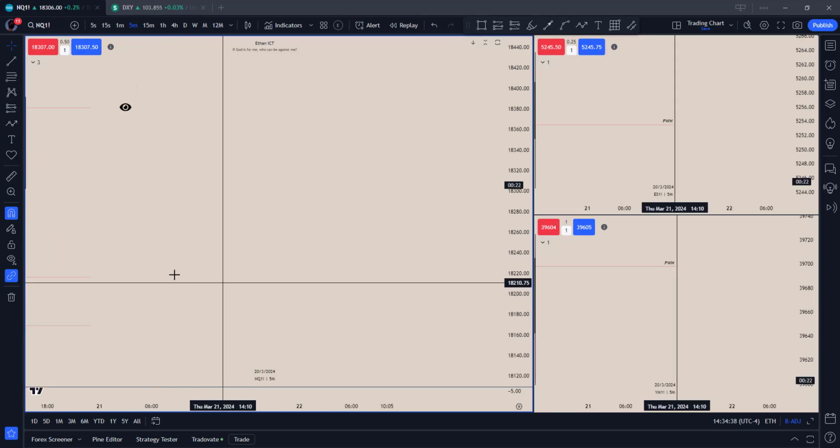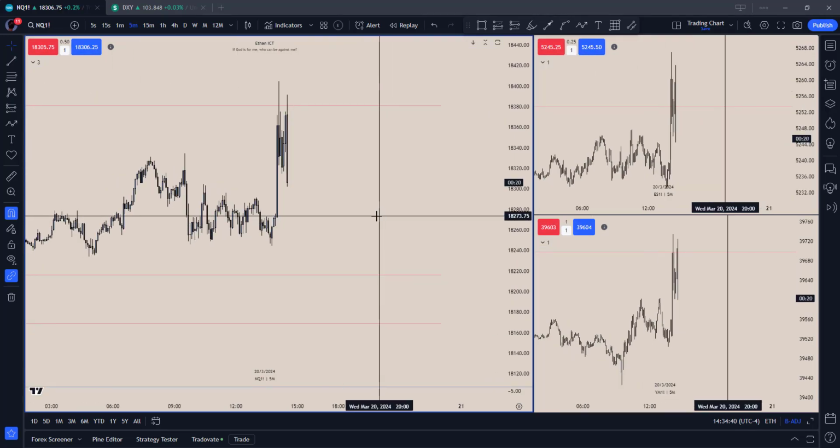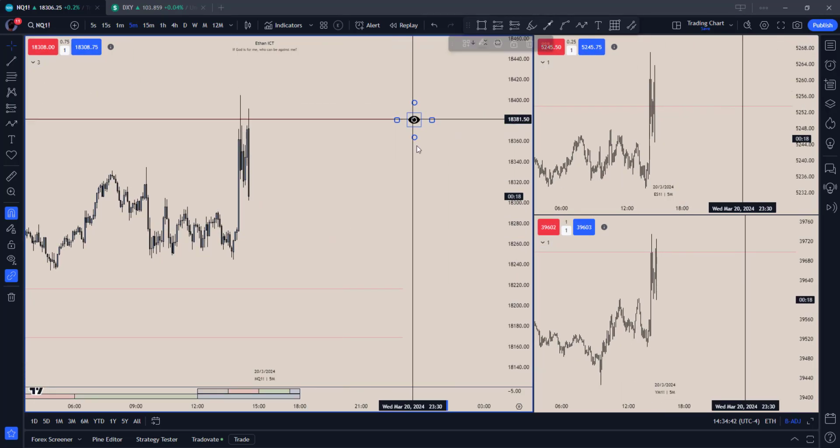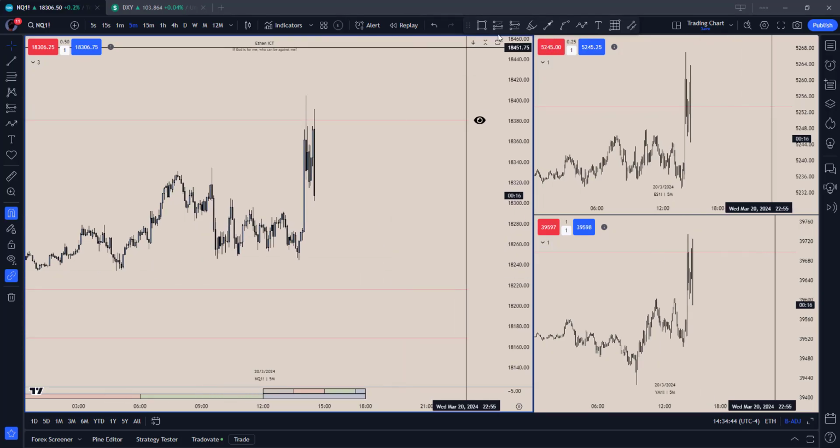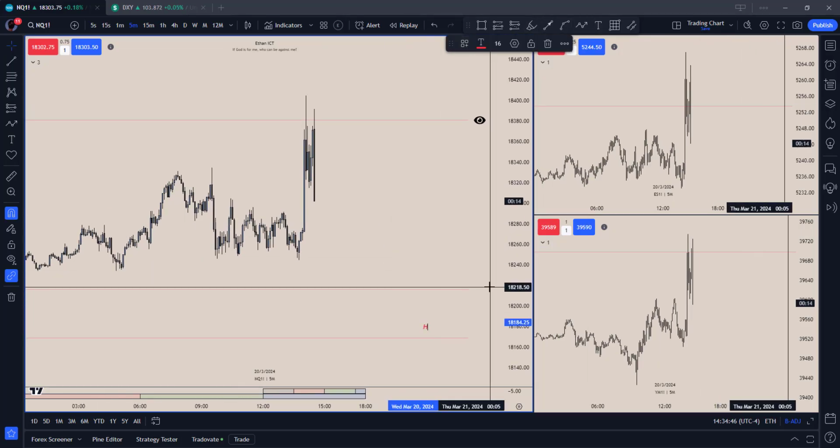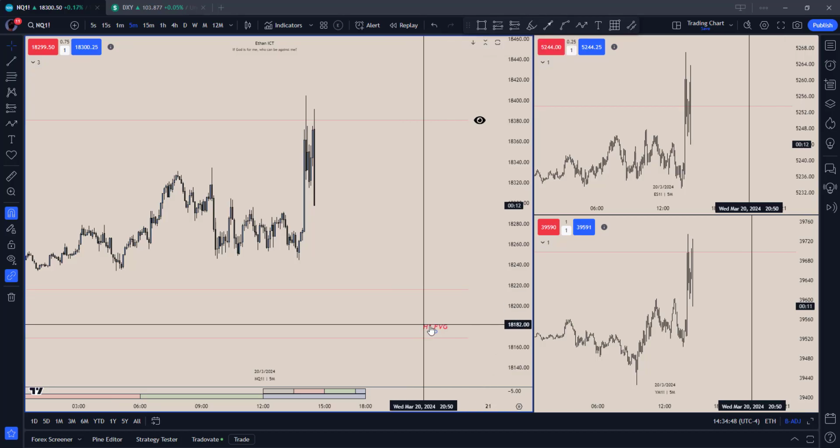I'm gonna go back to the 5 minute chart. Type H1 fair value gap.